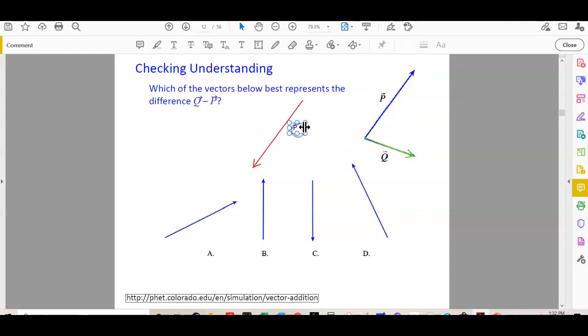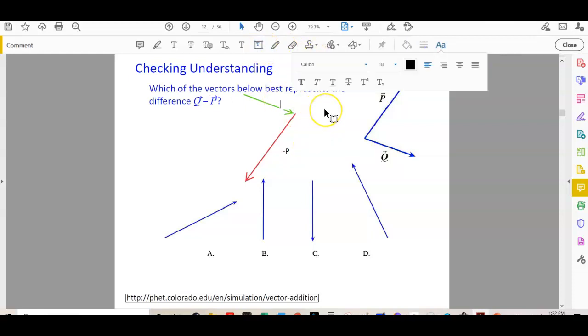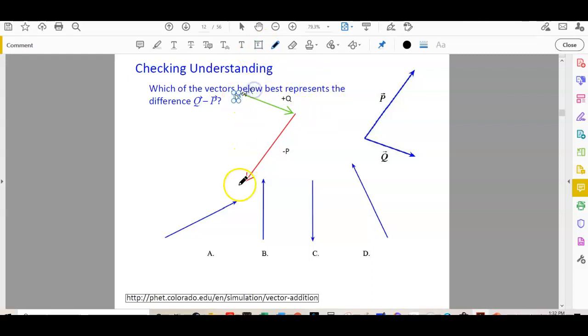So what I'm going to do is add this positive q vector to the tail of the p vector. Okay, so this is positive q. All right. Well, now we started here and we ended here.